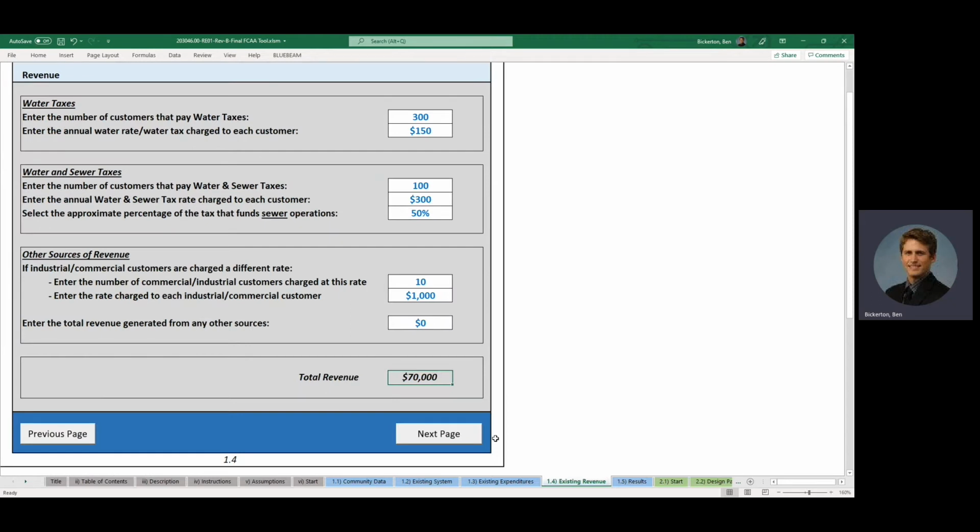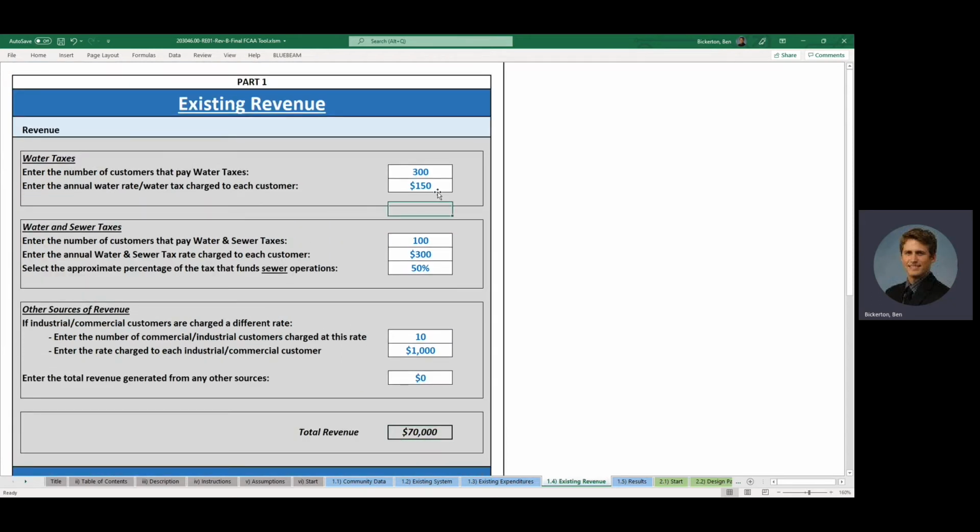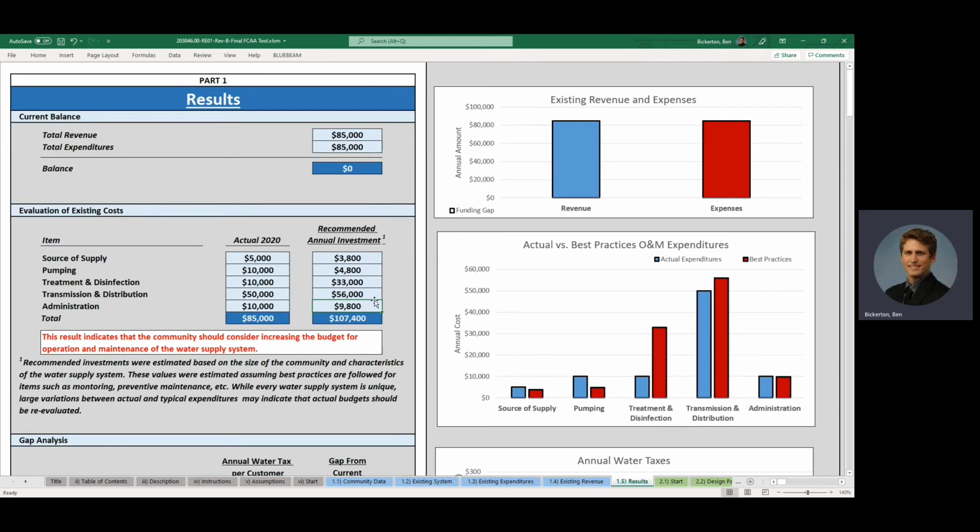And then for existing revenue, if we go back and say that our water customers are paying $200 a year, that brings our total revenue up to 85,000. And then we have a look again back at the summary table, and we can see that our revenue and our expenditures balance out. So we don't have a gap between our reported revenue and our reported expense.